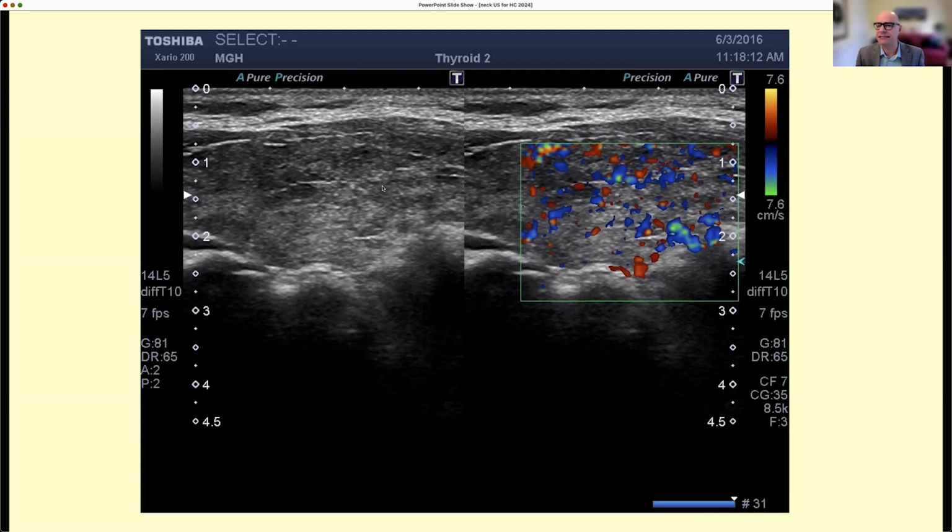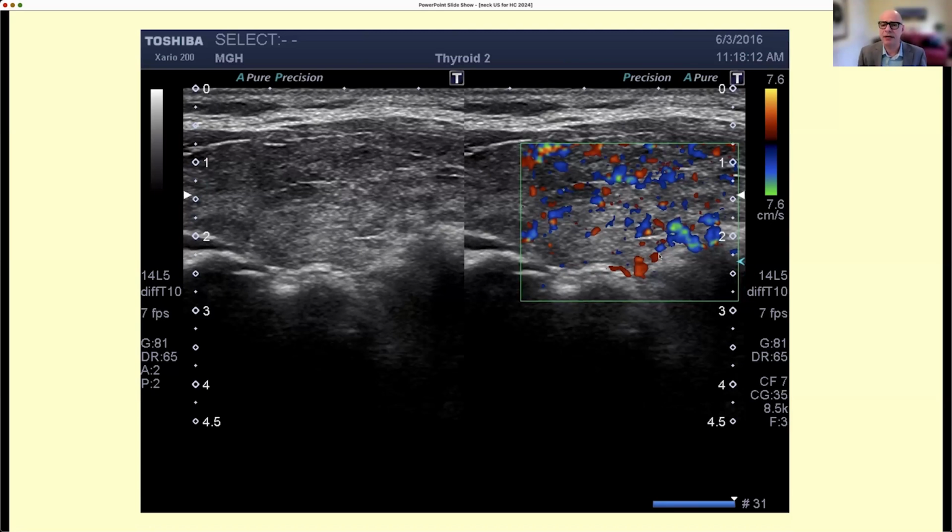Can anyone tell me whether this is Graves' disease or Hashimoto's? Graves. Why do you say that? Increased blood flow. Yeah, so if the person is hyperthyroid, this is definitely Graves' disease, because if this were hyperthyroidism from subacute thyroiditis, for example, then it would be without any flow.